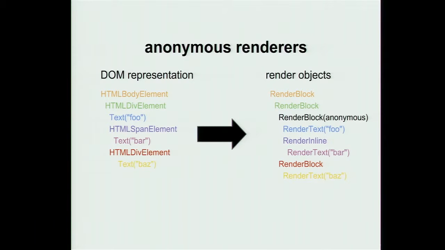Block flow elements, according to the spec, can only have either block or inline children. And in the case that they don't, which is pretty often, an anonymous block renderer is actually inserted into the render tree so that that green render block only has to lay out block flow children. And again, for tables, you'll see this a lot. If you don't put a table body in, one will get inserted.